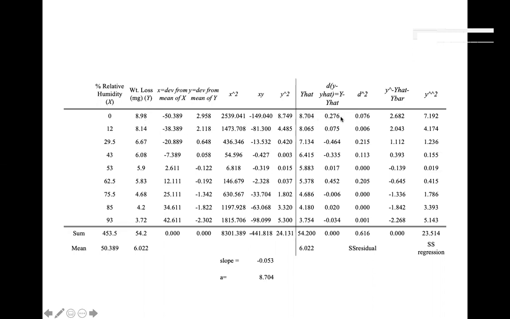That's what this value is, 0.276. When you add all of those up, that sums to zero because all of the residual values sum to zero. So the whole reason that we square residuals when we're trying to quantify variation is so that we can get rid of those negatives so that they don't sum to zero and they sum to something that has value.